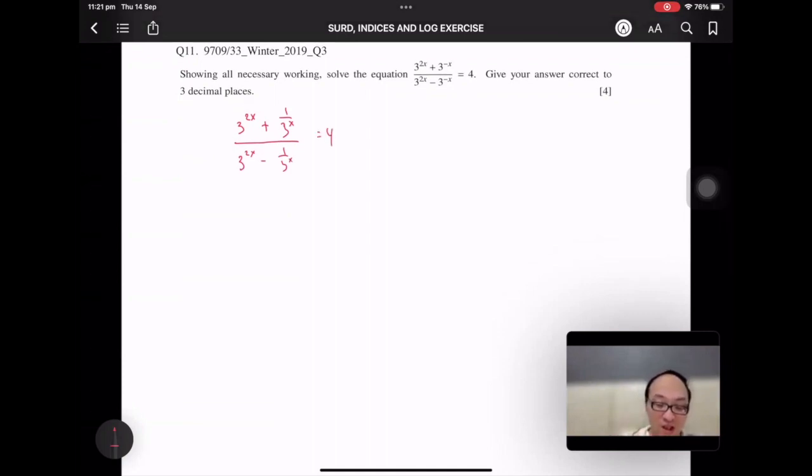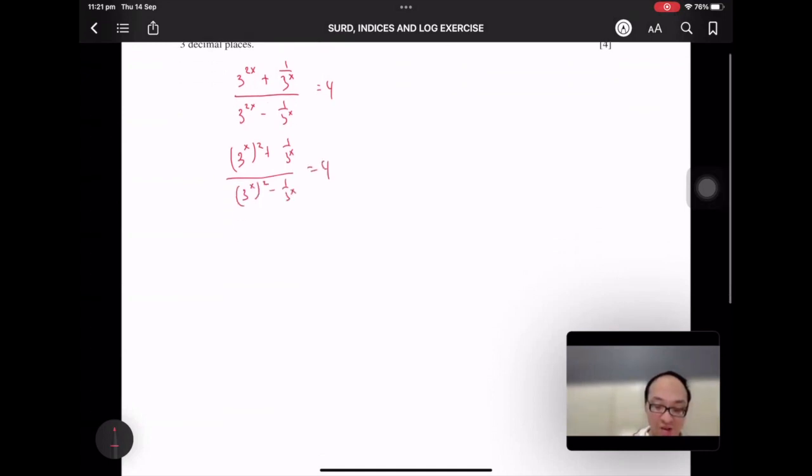So I can change again: 3^x squared plus 1 over 3^x, 3^x squared minus 1 over 3^x equals 4. And then I make y as 3^x. So y squared plus 1 over y squared minus 1 over y equals 4.